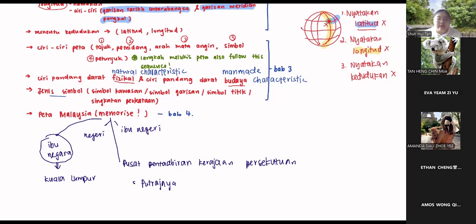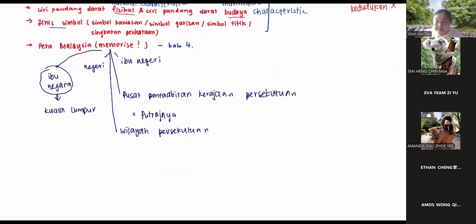All right. Then you also have another thing called Wilayah Persekutuan. If they are asking about Wilayah Persekutuan, how many Wilayah Persekutuan do we have? We have three. And make sure if the question asks about Wilayah Persekutuan, your answer must be Wilayah Persekutuan something else.